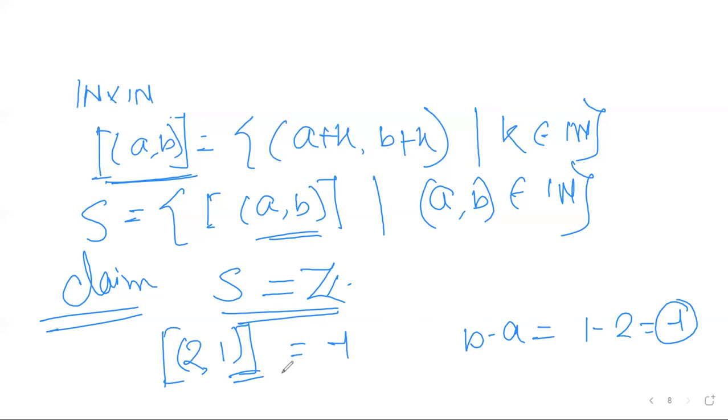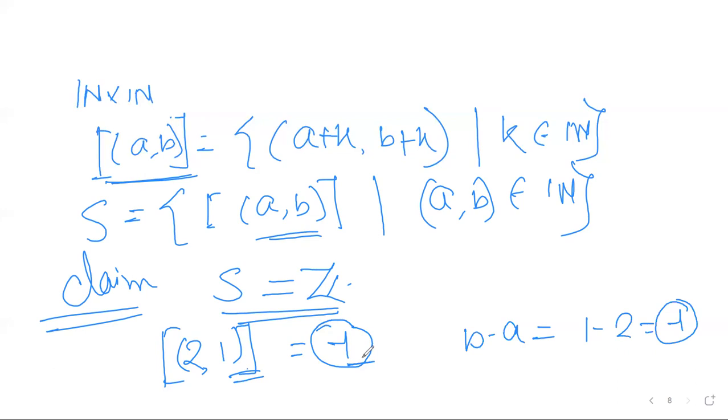So this equivalence class is the same as the number -1, and we can represent (2,1) by -1. In that way we can construct every negative integer.